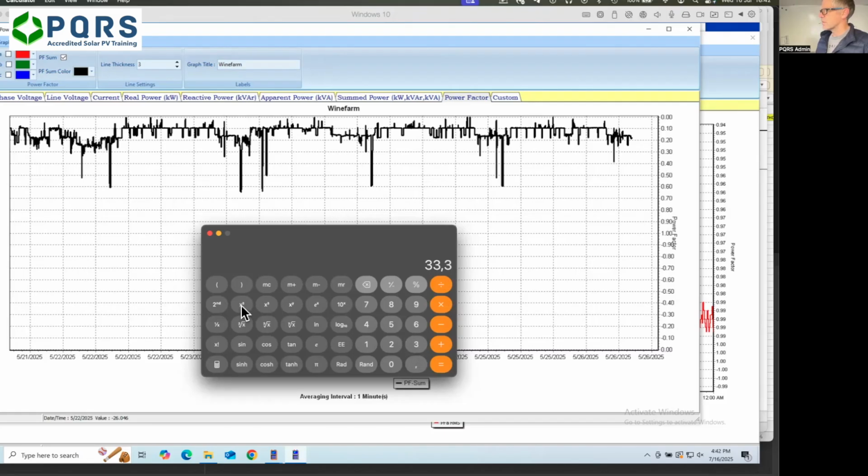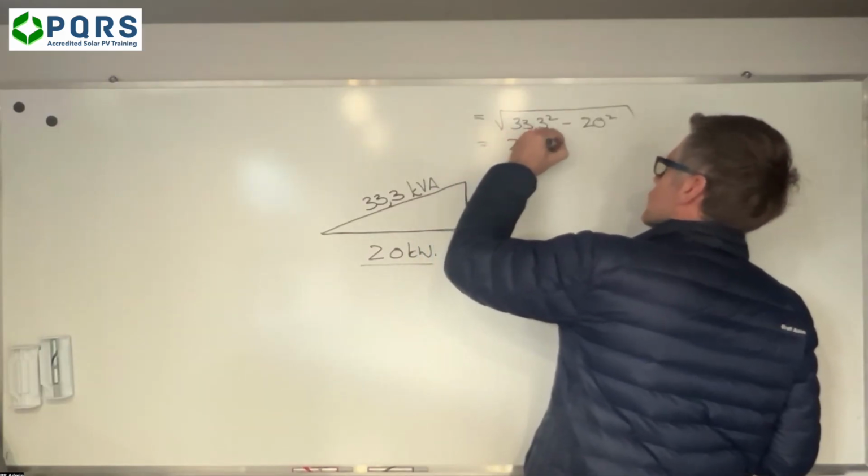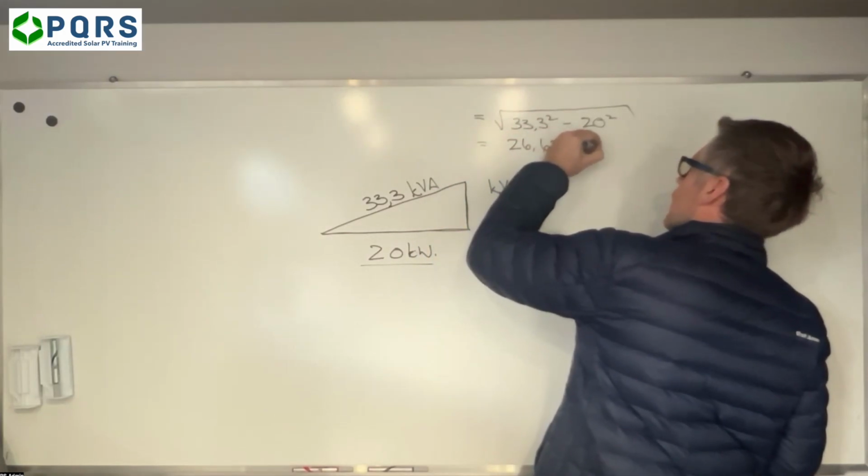33.3 squared minus 20 squared equals 708.89, and then we can get the square root of that, which is equal to 26.62 kVAr.